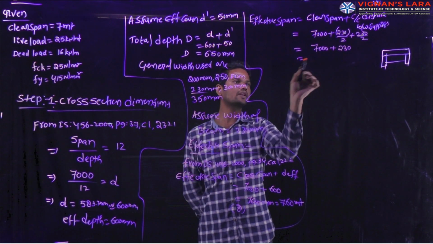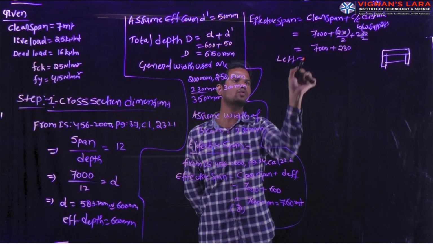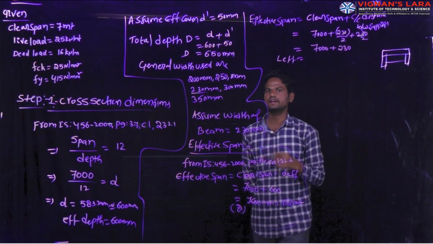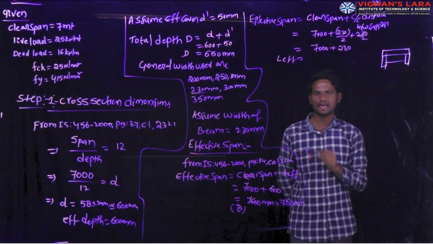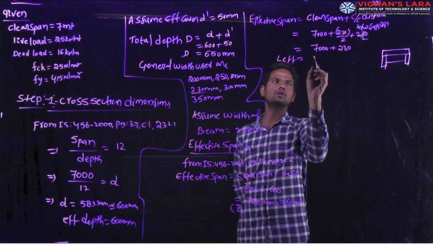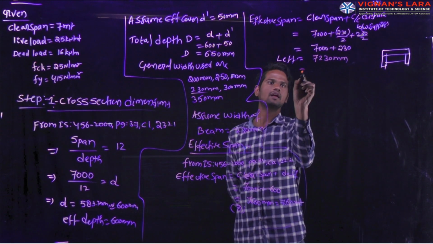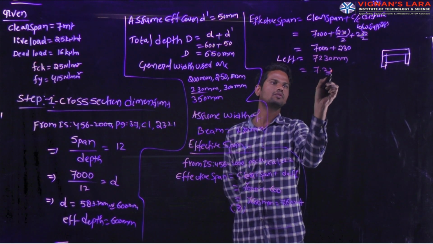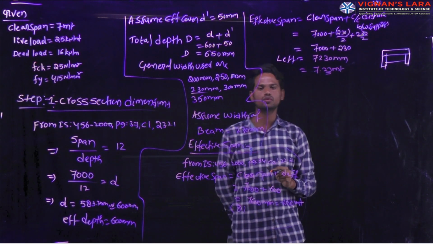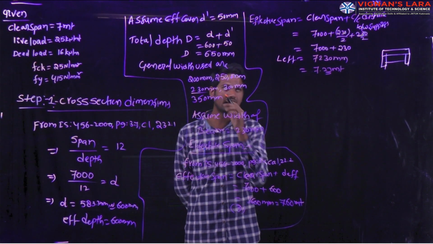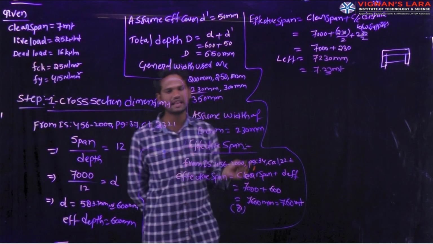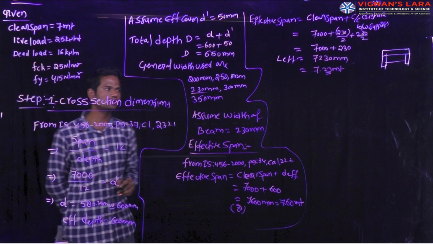Finally the effective span, L effective, equals 7230 mm, or 7.23 meters.